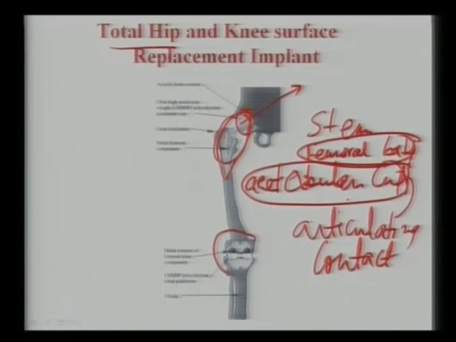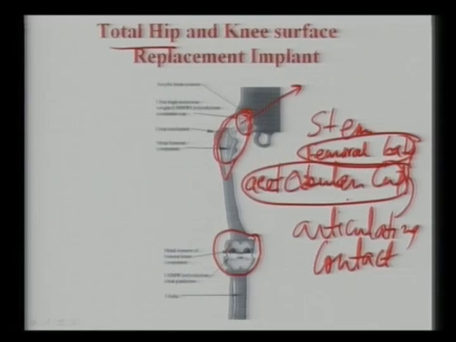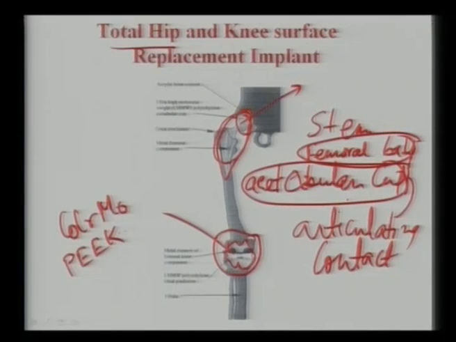This particular area is called the knee joint, and in this knee joint application, what you can see again is a load bearing part, and this load bearing part can be either made of cobalt, chromium, molybdenum alloy, or it can be made of some polymeric materials like polyether ether ketone, like high load bearing materials, and they are composites.